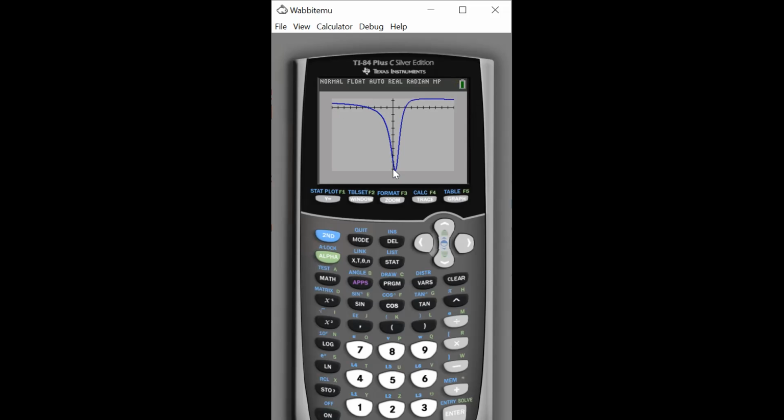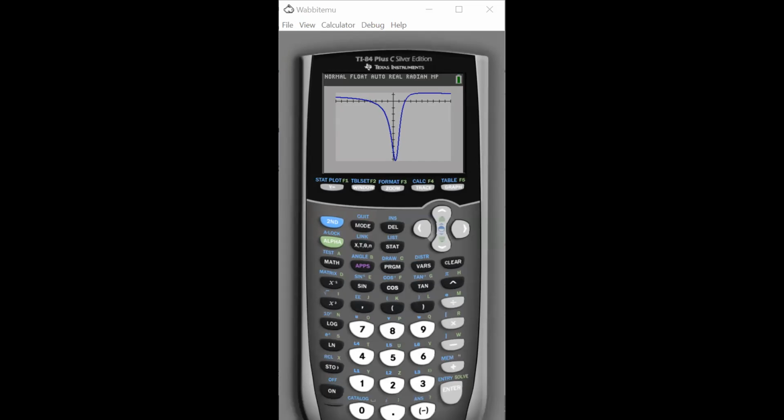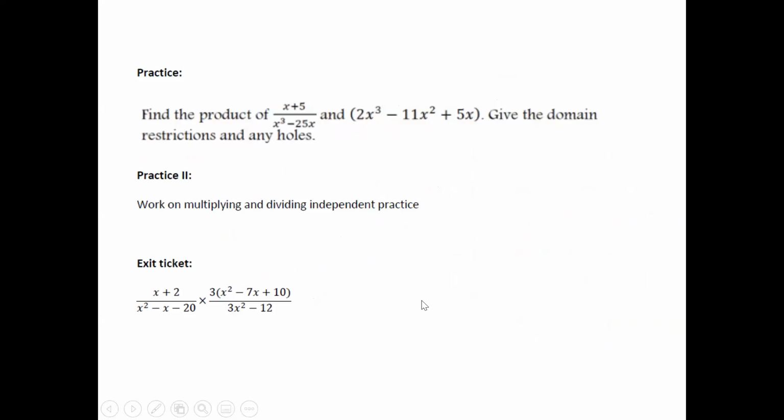Okay, so it goes down, it looks like all the way down to about -10, and then goes up. So your graph will look something like this, where it's going down this way, and then it goes up this way. So that's your graph. All right, let's go on to the next one.